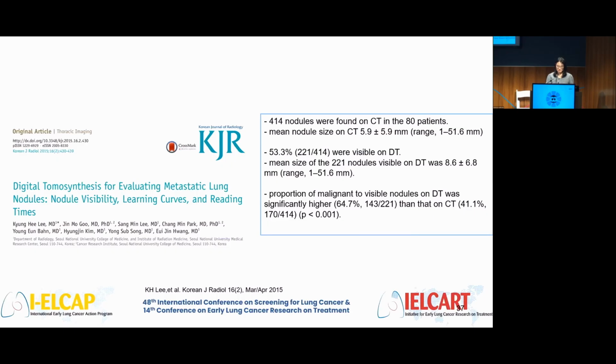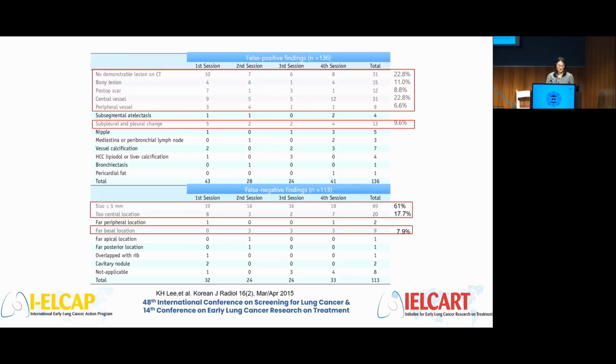This study shows using digital tomosynthesis for evaluating metastatic lung nodules. In this study, the mean nodule size is quite low, just 3.9 millimeter, and they found visible nodules on DT in only 53%. The mean size of detected nodules is 8.6 millimeter. However, the proportion of malignant among visible nodules on DT was significantly higher, 64.7% versus 41.1% on CT.